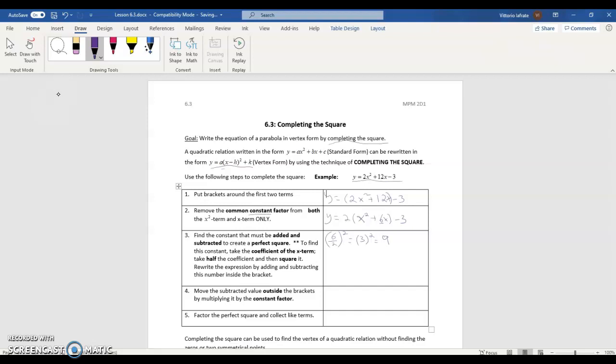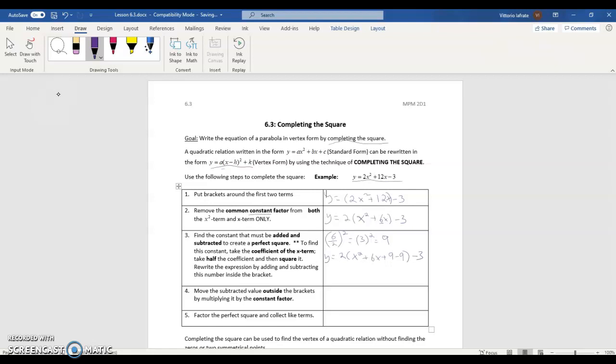Now we're going to rewrite this as y is equal to 2 times x squared plus 6x. We're then going to add plus 9 and minus 9. It's really like we're not adding anything, but you'll see what we're doing in a minute. If you do plus 9 minus 9, we didn't really modify anything because these are equal to 0. Minus 3.